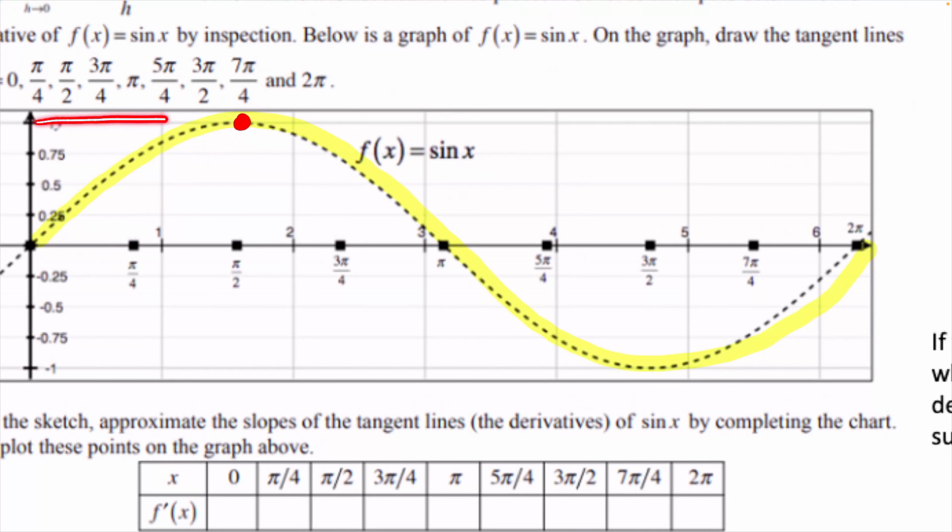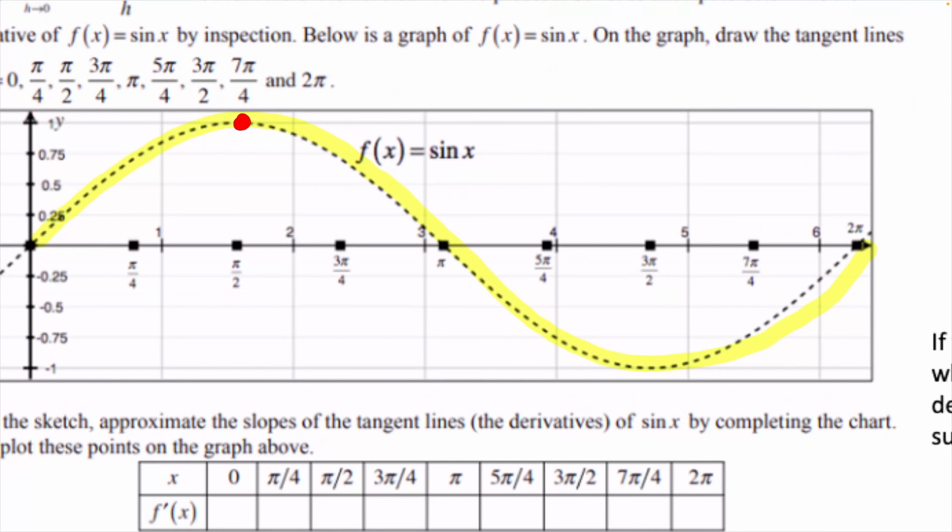So that would look like that. What slope does that red line have? What rise over run does that red line have? 0, right? No rise. No rise means 0. So at that red dot, I have a derivative of 0 because of that.